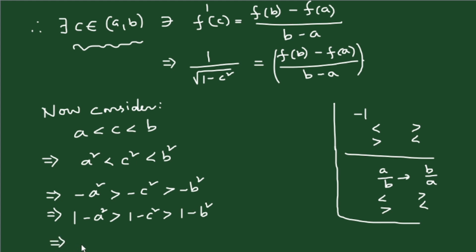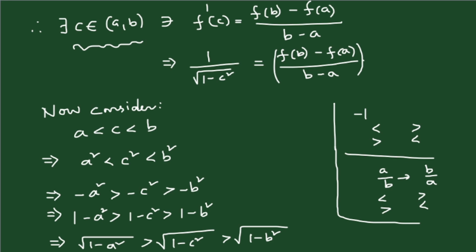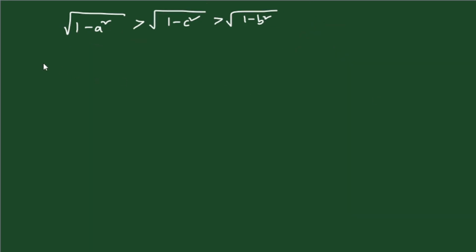Now you consider the square root of this: square root of 1 minus A square greater than square root of 1 minus C square greater than square root of 1 minus B square, because taking the square root doesn't change the inequality. Now you take the reciprocal. Why should we take the reciprocal?